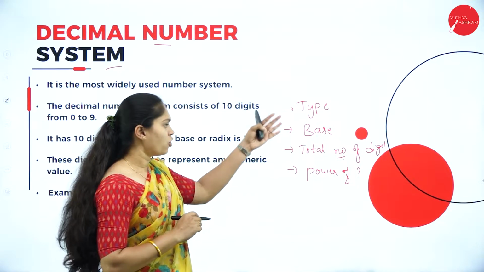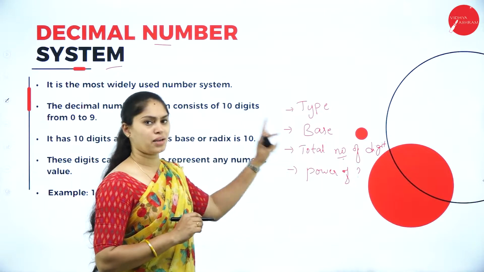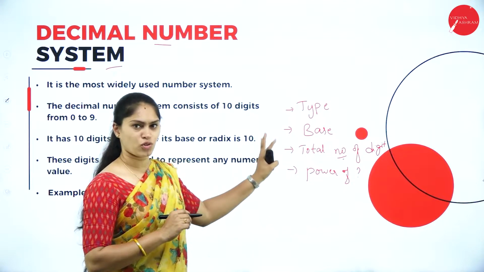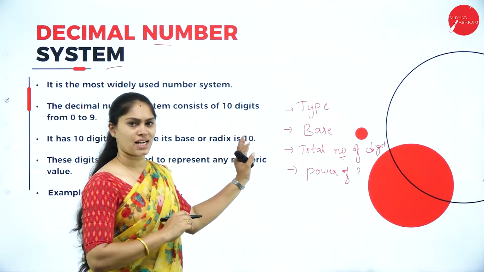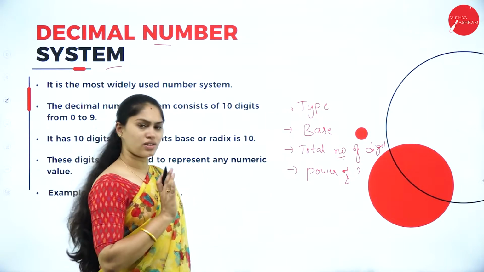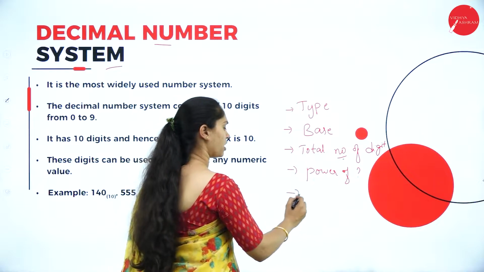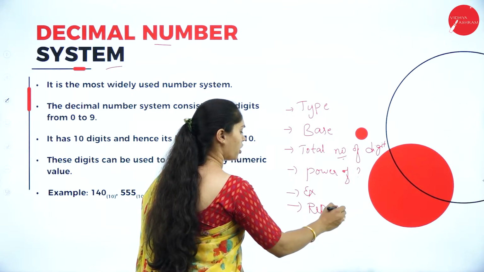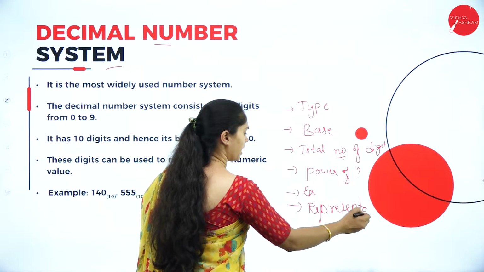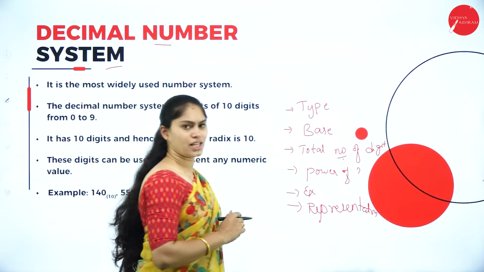So these are the 4 points you need to remember for all the types of positional number system, whether it is decimal, binary, octal or hexadecimal. You need to concentrate on these 4 points along with one or more examples, and then its representation. This is what you are supposed to learn from each type of positional number system.